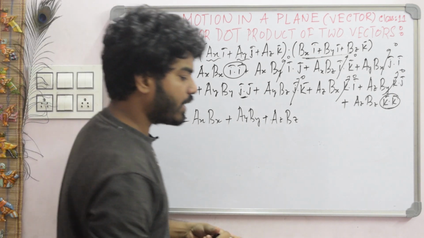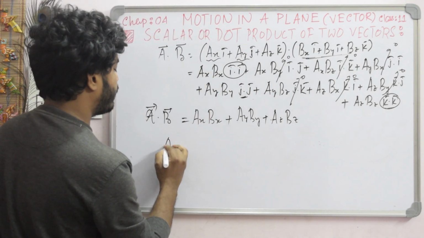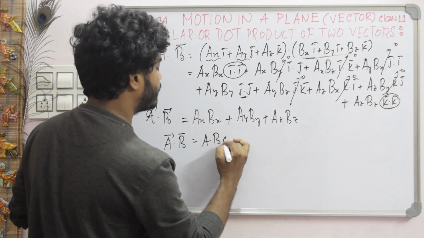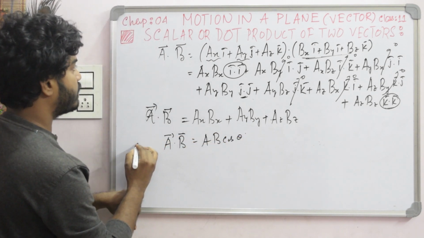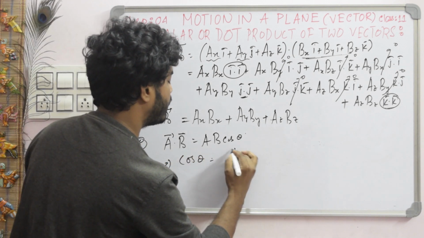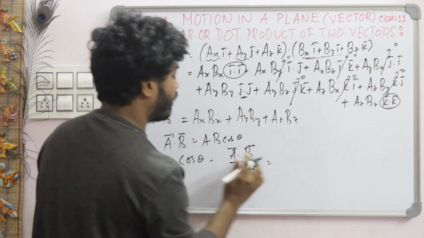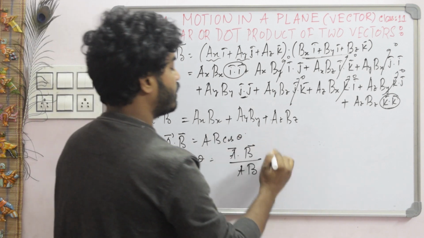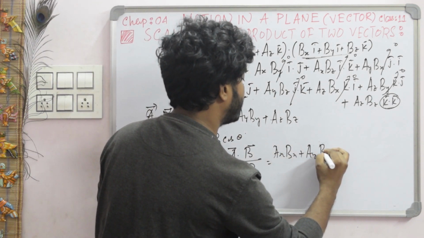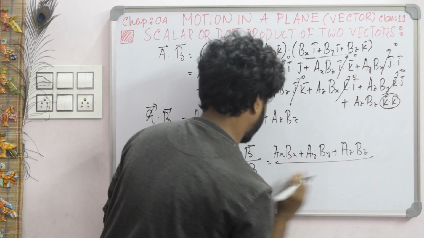Now another one. You know the dot product of two vectors, a dot b, gives ab cos theta. Now you can find the value of cos theta as a vector dot b vector divided by ab. You know the value of a dot b: ax bx plus ay by plus az bz. And what is the value of a?